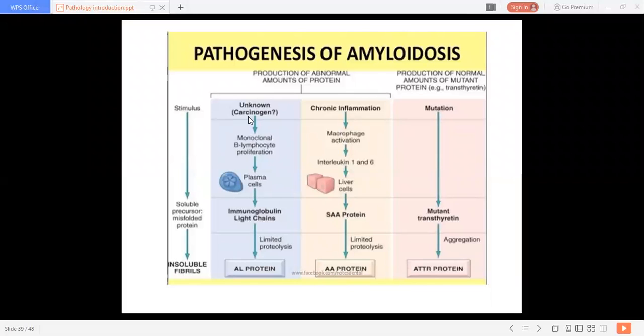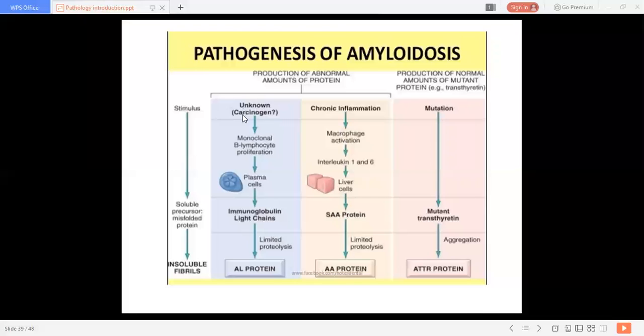Then there is monoclonal B cell proliferation. Whenever this stimulus occurs, the stimulus for amyloid precursor protein, which one is the precursor protein? It is SAA, a precursor protein. So there is a stimulus for this precursor protein in the form of disease, that is either multiple myeloma or B cell lymphoma.